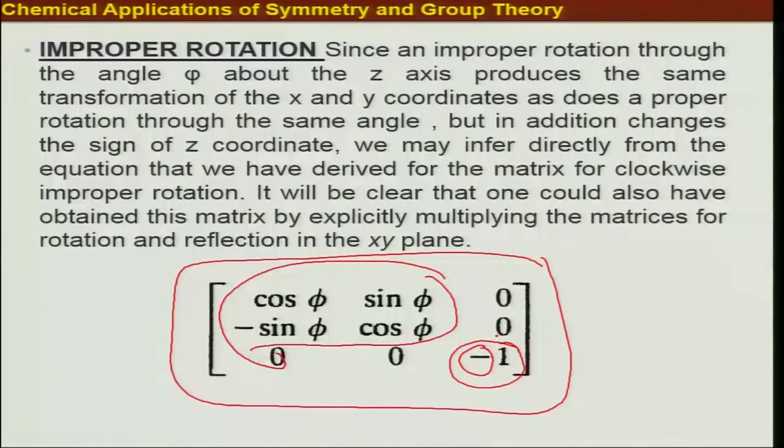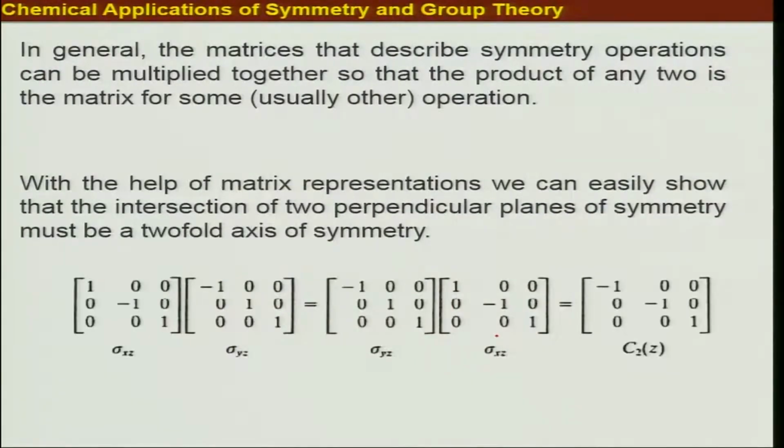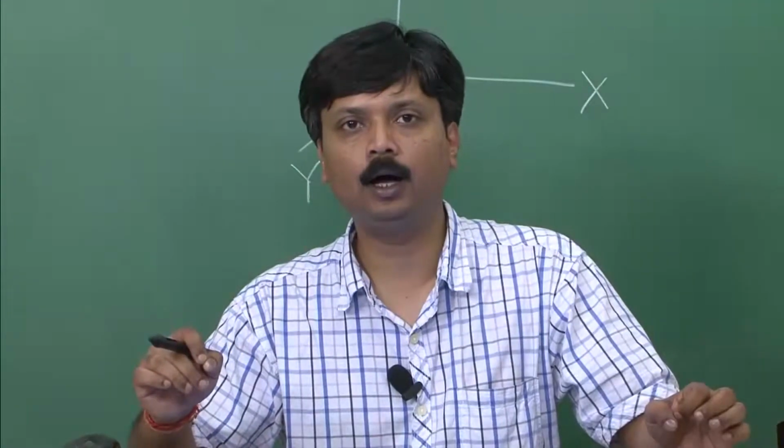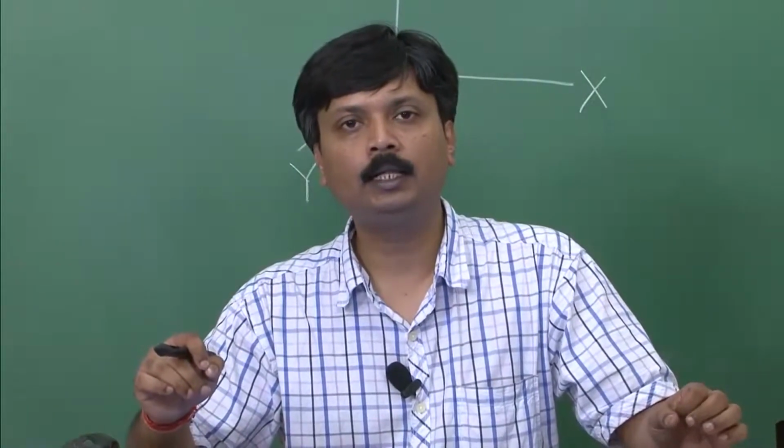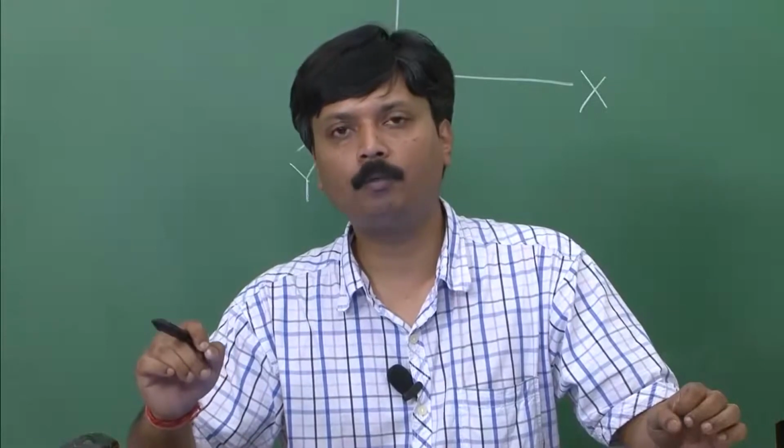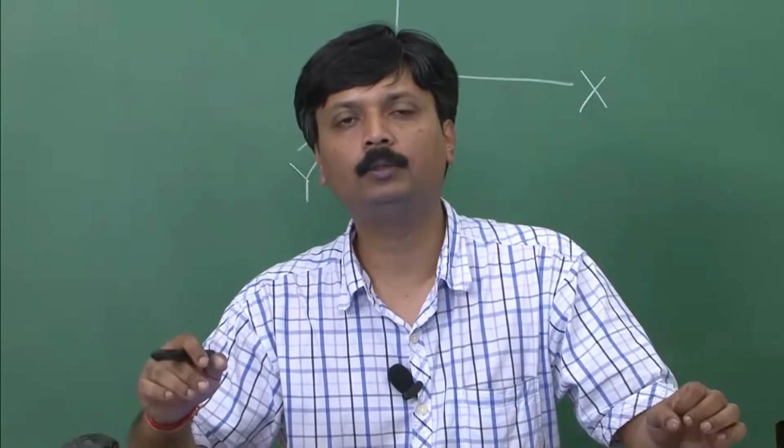So we can go ahead and in general find the matrices that describe symmetry operations, and we can verify that these matrices, which are representing the symmetry operations, are equally capable of doing successive operations.